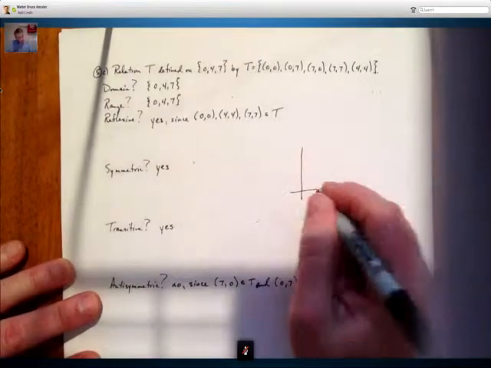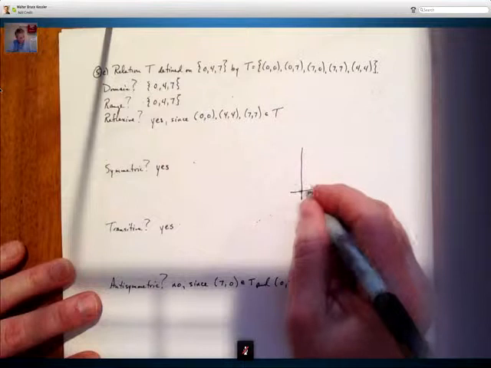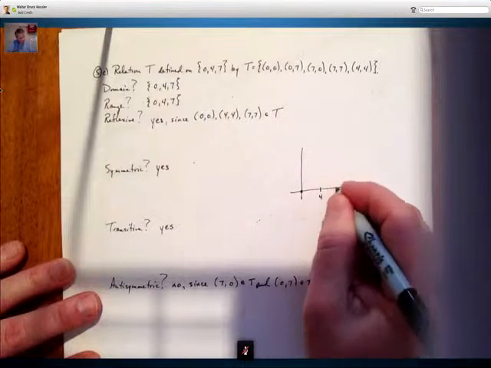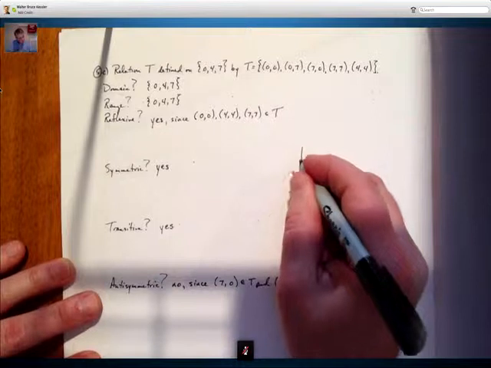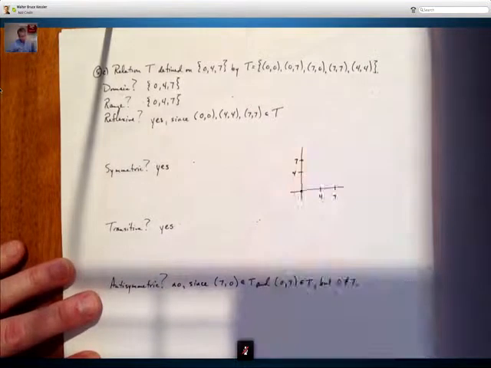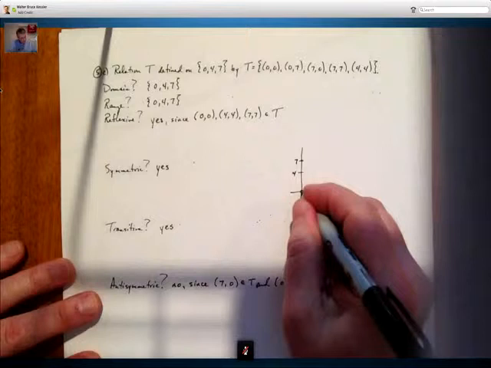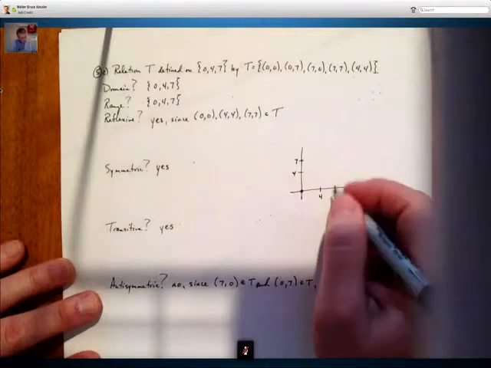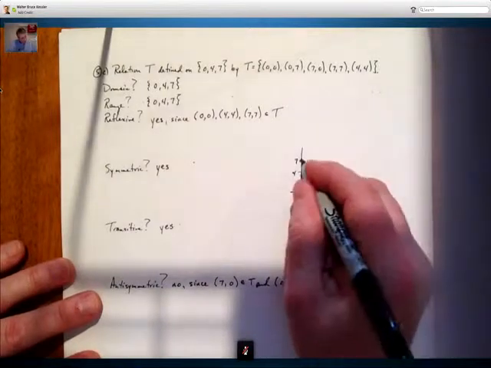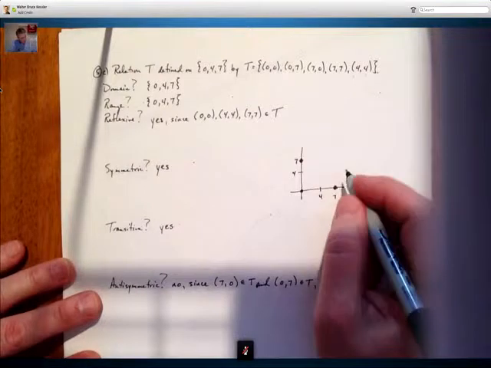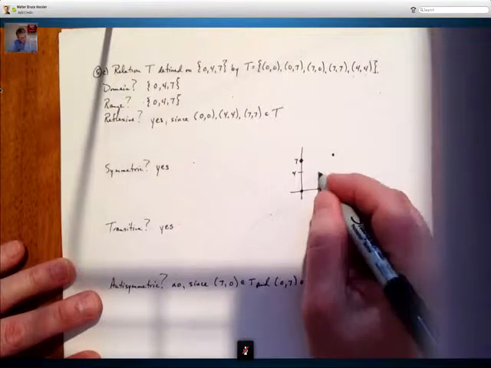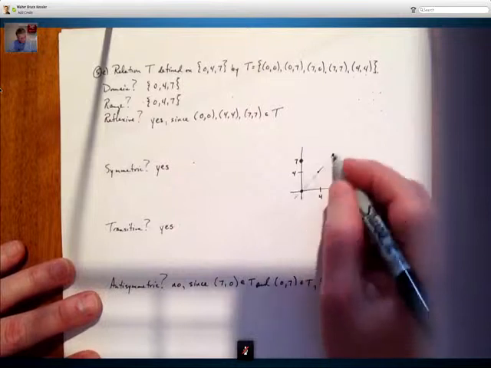Okay, so again, if we want to draw this, and I'm not too concerned about spacing, 0, 4 and 7. Then we've got 0, 0, we've got 0, 7, which is up here. We've got 7, 0, which is right there, and 7, 7, and 4, 4.